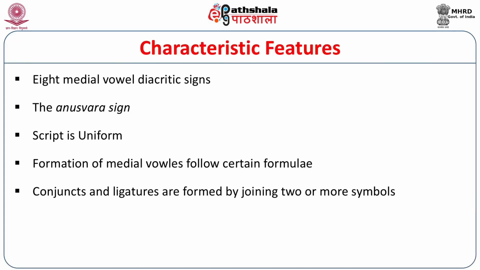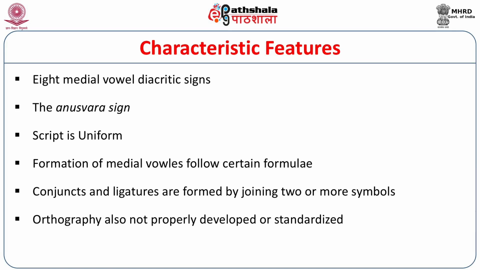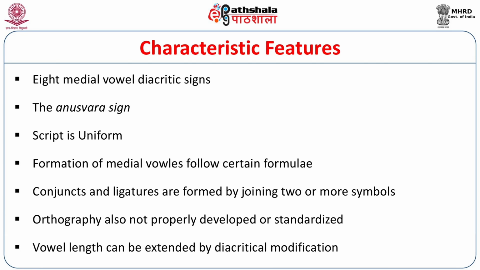And then conjuncts and ligatures are formed by joining two or more symbols, as in the Harappan script or even in modern Indian scripts. The orthography of the Brahmi script is not properly developed and standardized, and the vowel length can be extended by diacritical modifications, as again in the Harappan script.